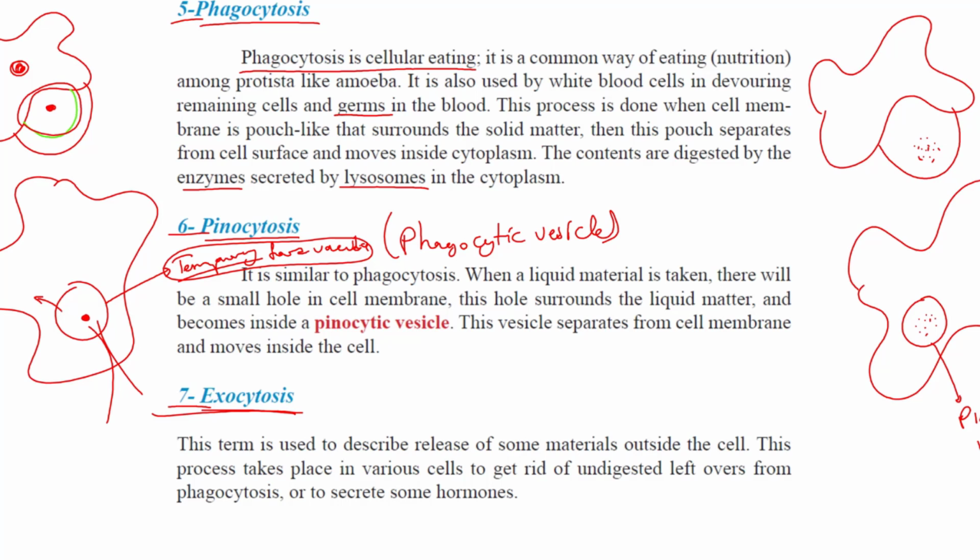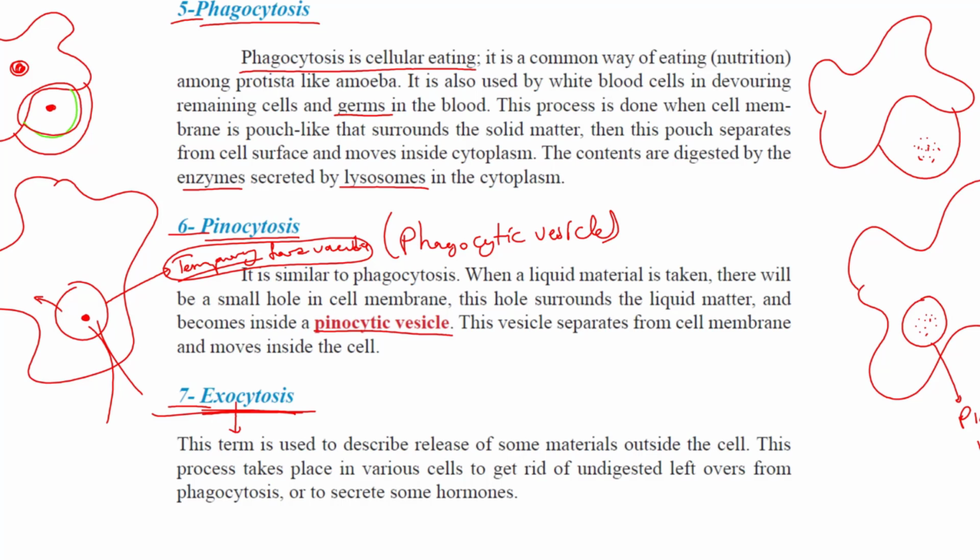Phagocytosis, cellular eating, is where a solid food particle is captured by the cell. In pinocytosis, a liquid material is captured by the cell. In phagocytosis, a temporary food vacuole or phagocytic vesicle is formed, but in pinocytosis, a pinocytic vesicle is formed. In both of them, they fuse with lysosome to digest the particle and afterwards release the material out of the cell by exocytosis.